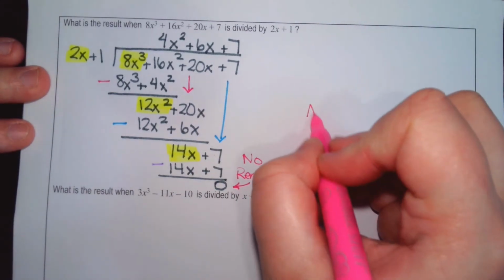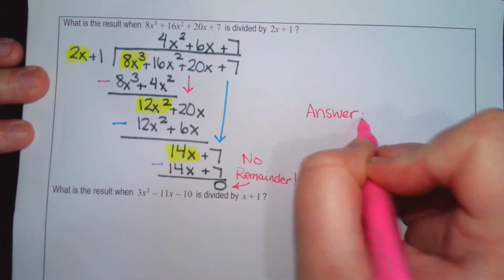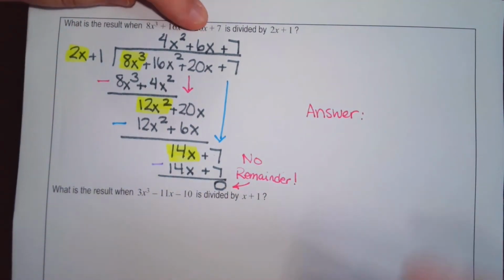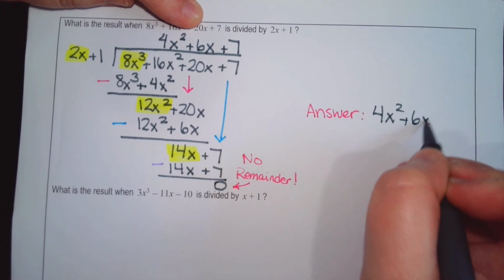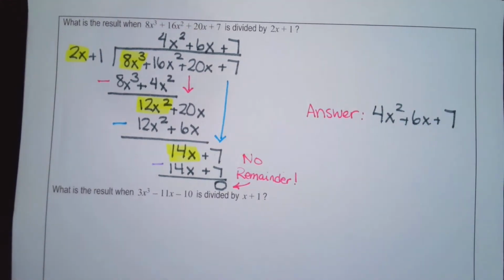So our answer is just going to be what we found at the top here: 4x squared plus 6x plus 7. So when there is a 0, there's no remainder that you have to put together.